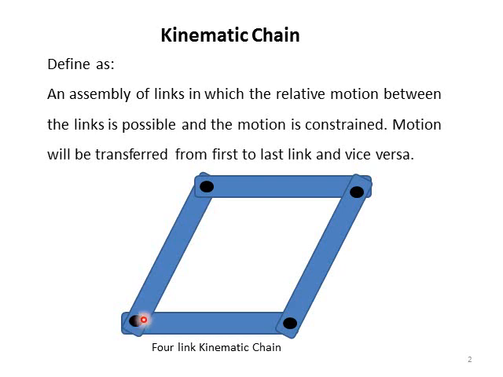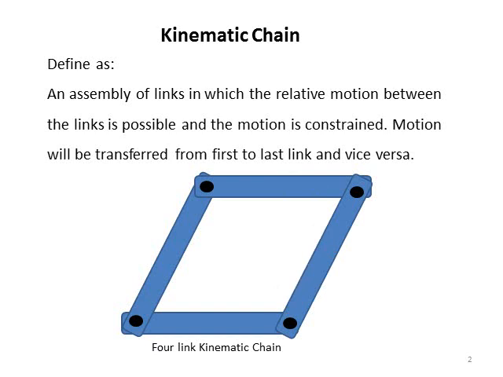For example, if there is a motion in this link, then this link and that link will move because they are paired by this joint, this joint, this joint and this joint. So if there is a motion in any of the links, the motion will be transferred or transmitted to the other links as well.